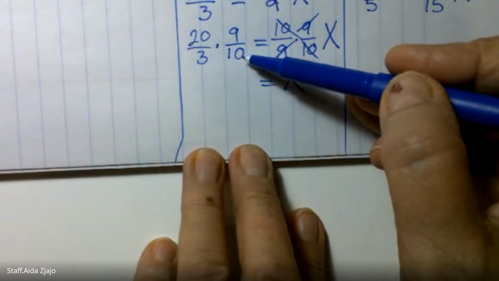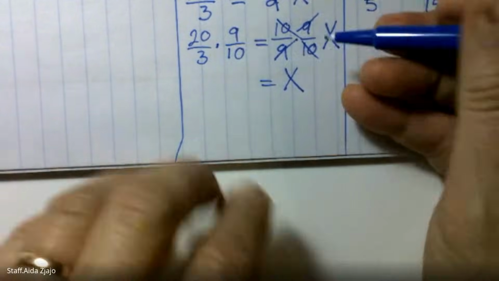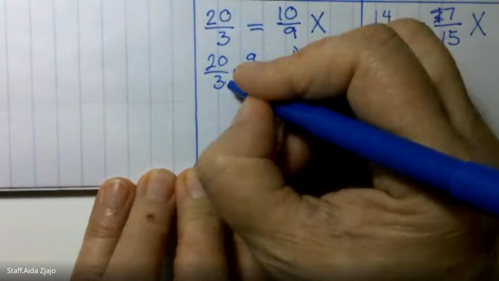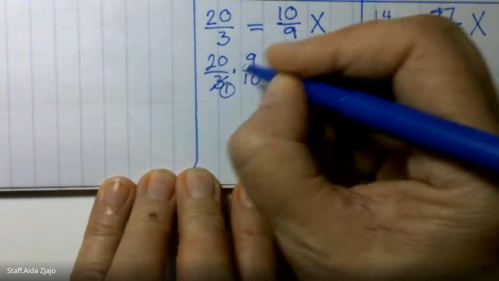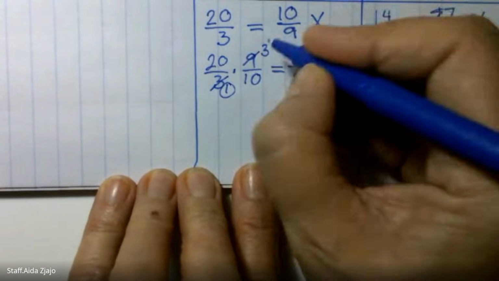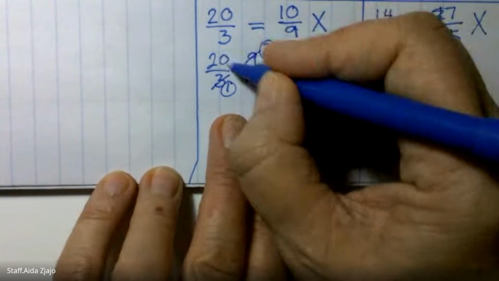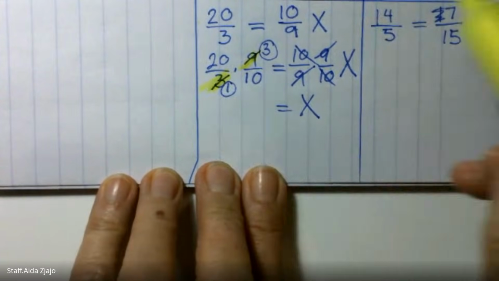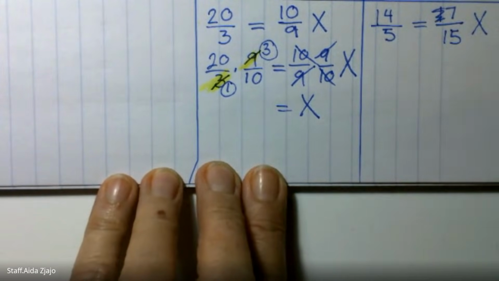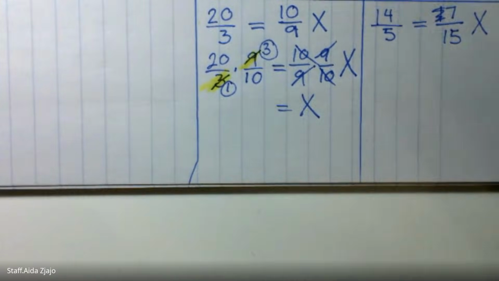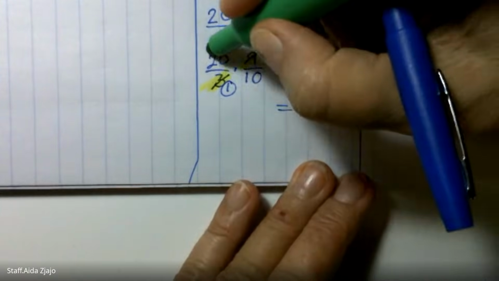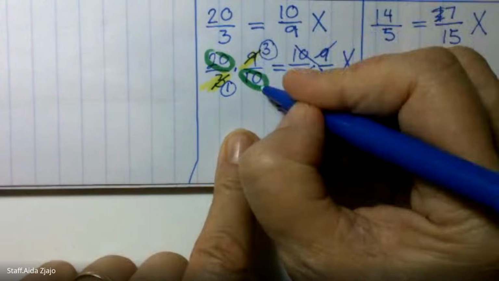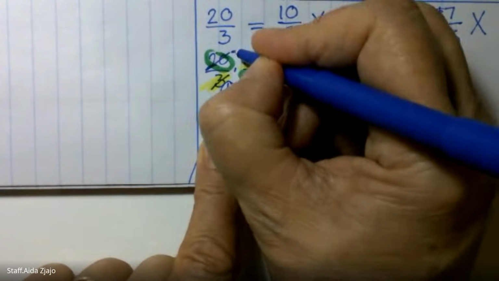Now I have a choice: 20 times 9 over 3 times 10, or I can cross simplify. Divide by 3 gives 1, divide by 3 gives 3, and also the 20 and 10, dividing by 10, this will be 1, this will be 2.